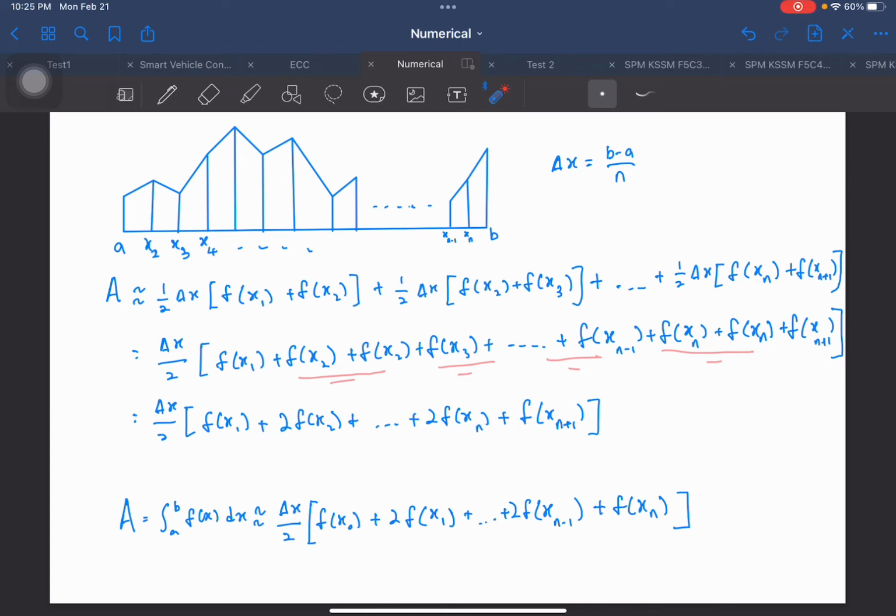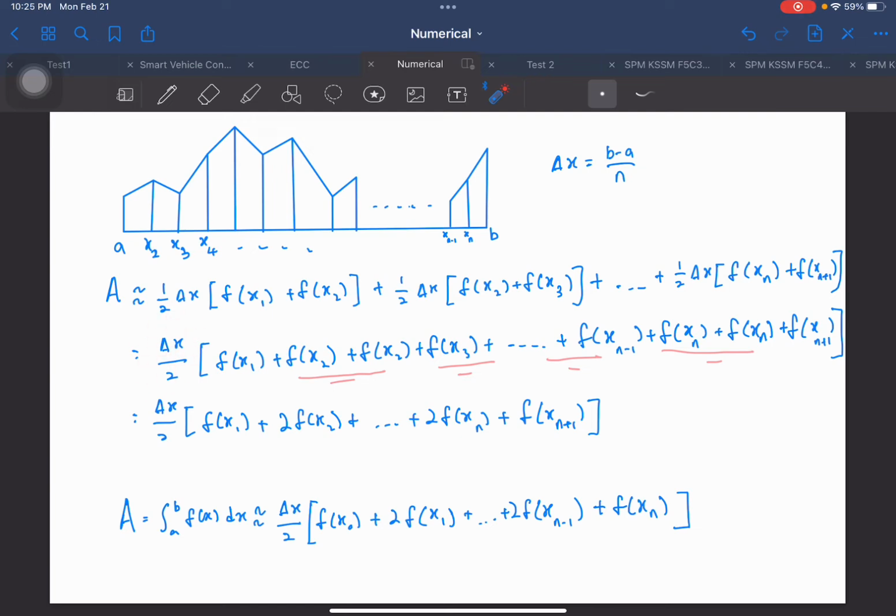So you multiply 1 over 2 with delta x and the heights of this plus this. For the second one it is this plus this. So you can see the whole term here, and then we factorize out delta x over 2 since it is a common term.